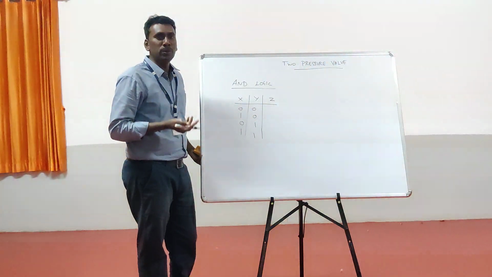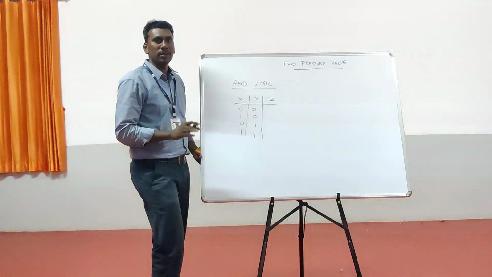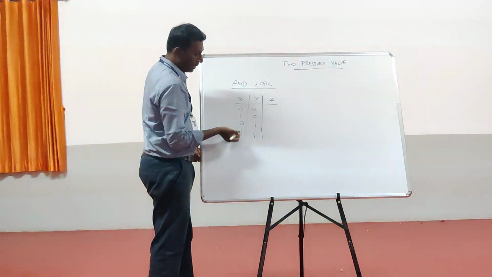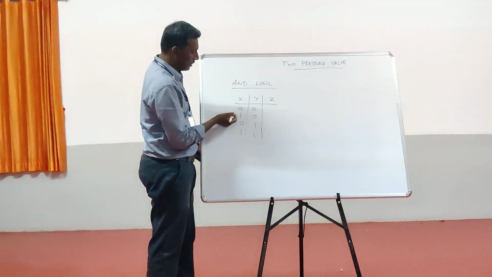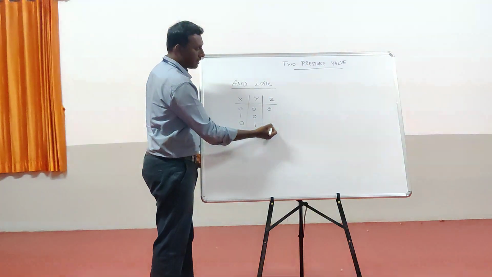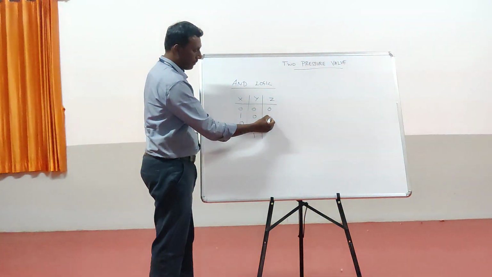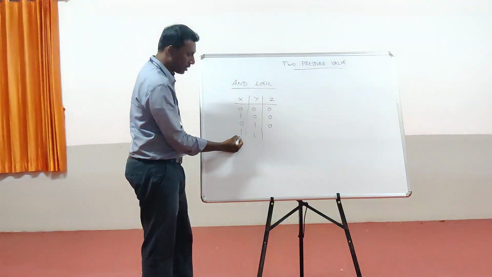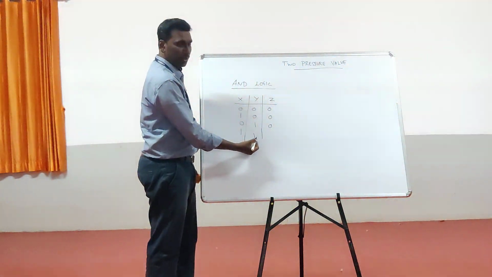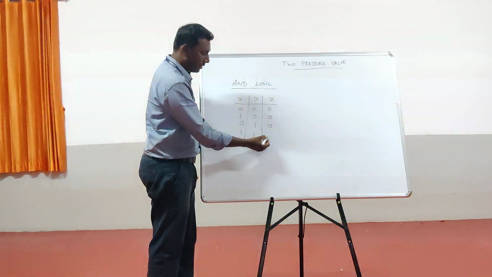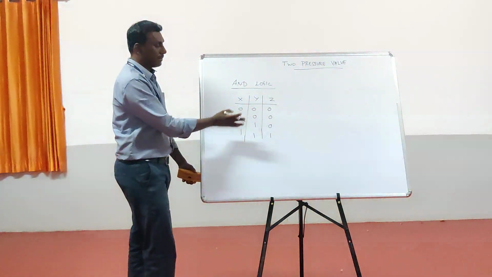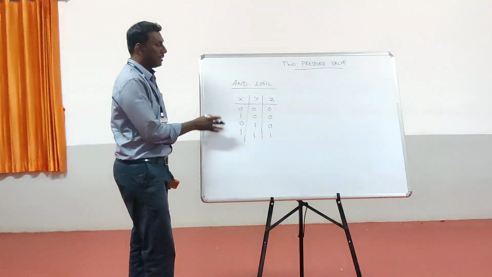Only when both the inputs are enabled can the output be produced. So based on this logic, the first combination is disabled, the second is also disabled, the third is also disabled, and in the fourth combination both the inputs are activated, so the output will be produced. This is the basic logic behind the AND gate.